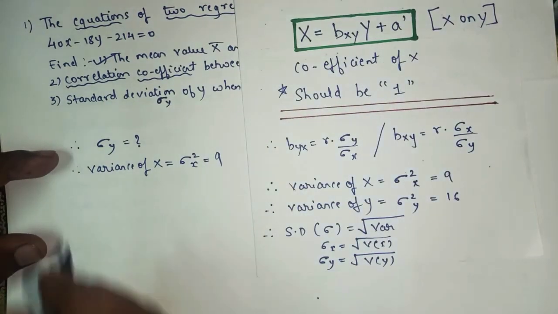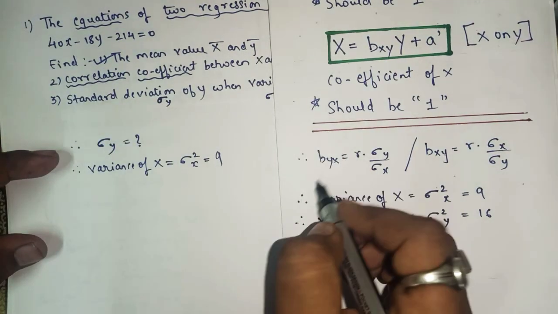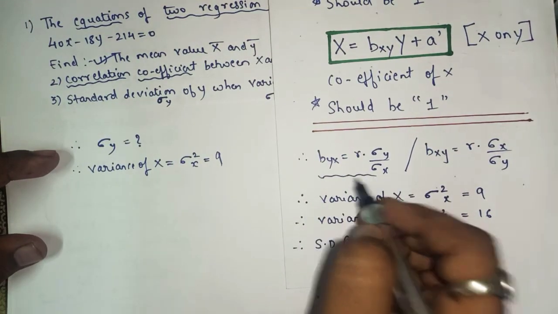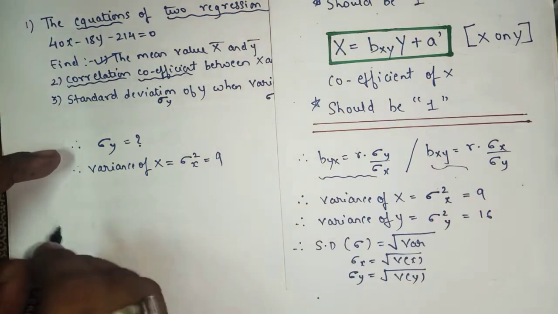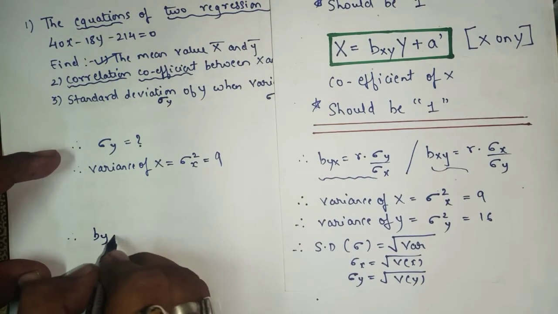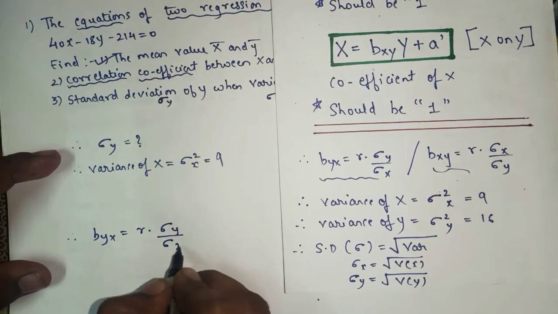Okay, and you have to find the standard deviation of y. Simply you will apply either this formula or this one. In both cases you will get the same answer. So we'll consider the first one, that is byx equals r into standard deviation of y upon standard deviation of x.